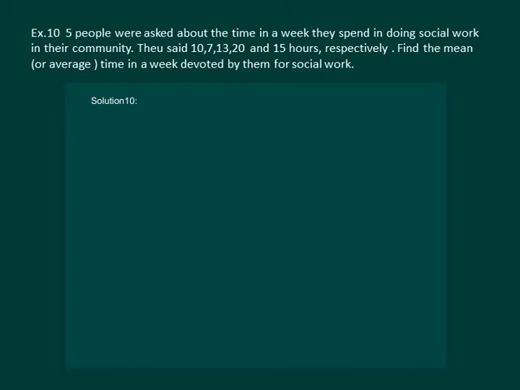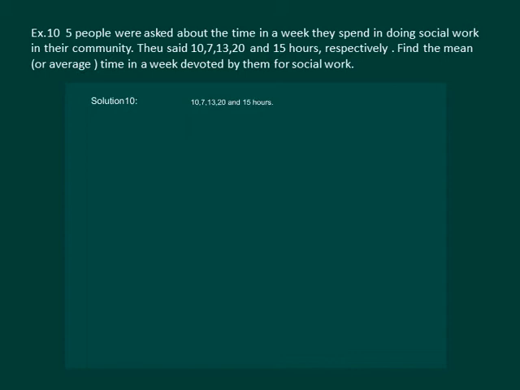Let us read the question. 5 people were asked about the time in a week they spend in doing social work in their community. They said 10, 7, 13, 20 and 15 hours respectively.